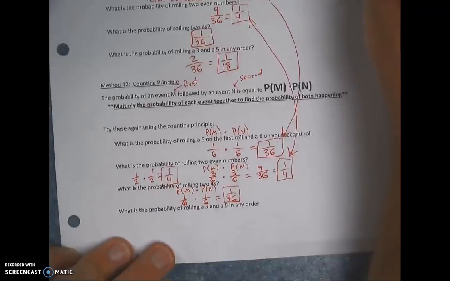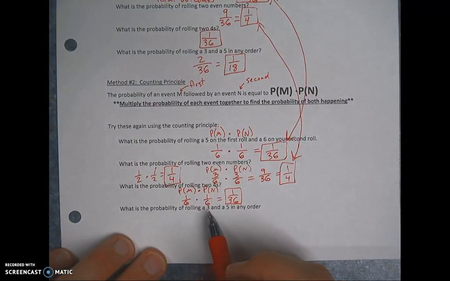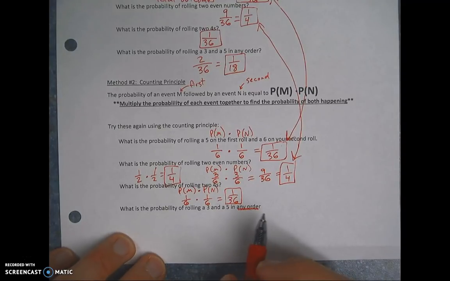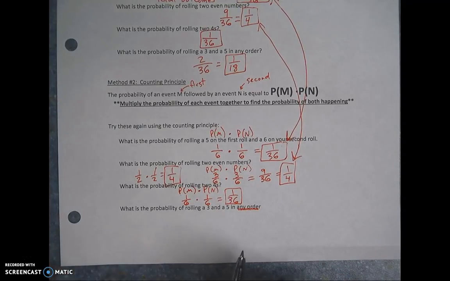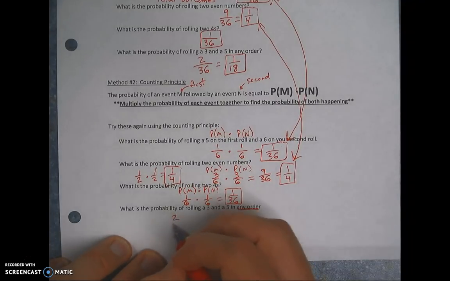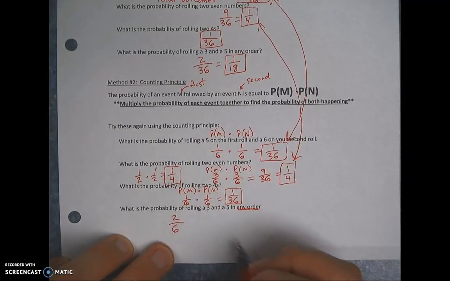And then on the last one, what's the probability of rolling a 3 and a 5 in any order? So any order. On your first dice, first time you roll it, you can get a 3 or you can get a 5 because it doesn't matter which one we get first. If we had to get the 3 first, then that's only a 1 out of 6 chance. But since I can get either one of these, that means I have 2 options out of 6.